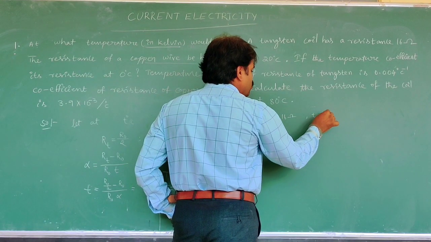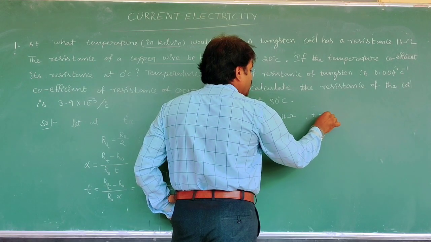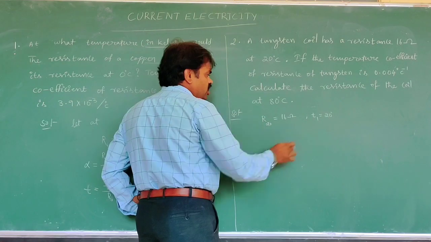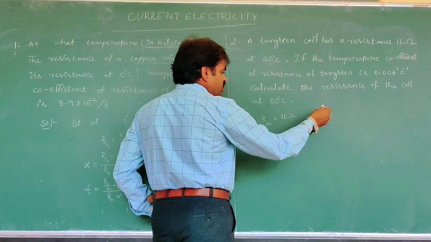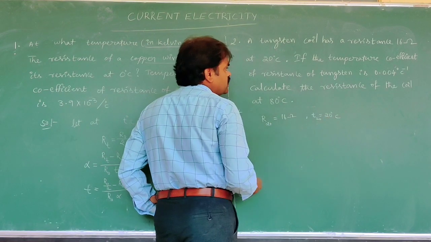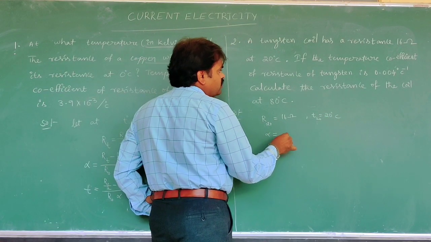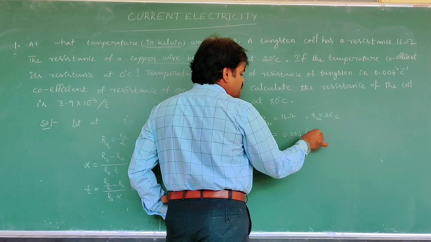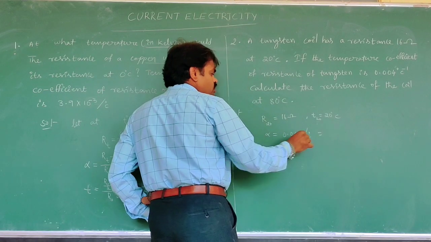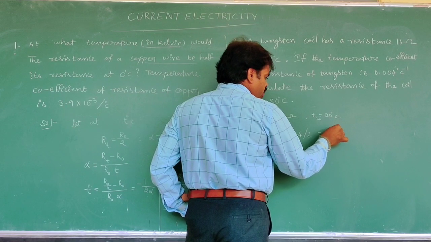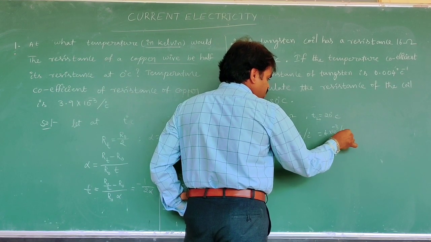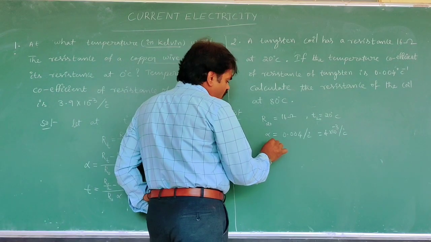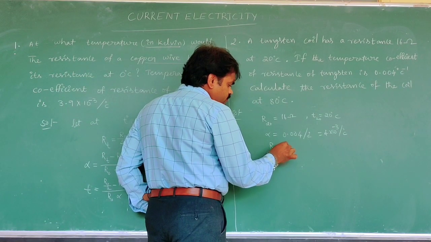Temperature T20 is 20 degrees Celsius. Alpha is 0.004 per degree Celsius, which we write as 4 into 10 to the power of minus 3 per degree Celsius. Now here we want R80.